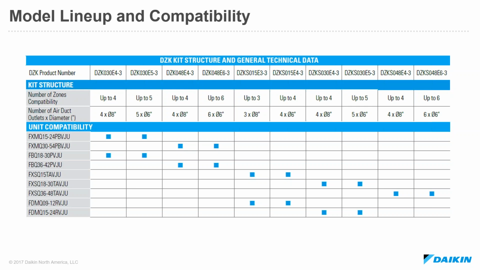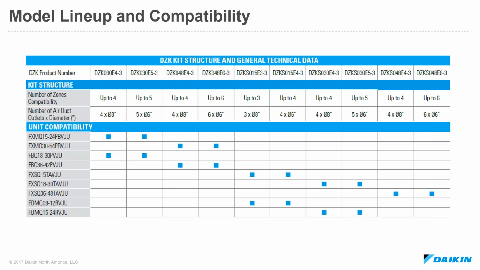The DZK 048 was compatible with the FXMQ 30 through 54 PB series. In that case, we can choose either 4 outlets or 6 outlets. If we choose the 4 outlet option, those outlets are 8 inch in diameter. If we choose the 6 outlet option, they are 6 inches in diameter.